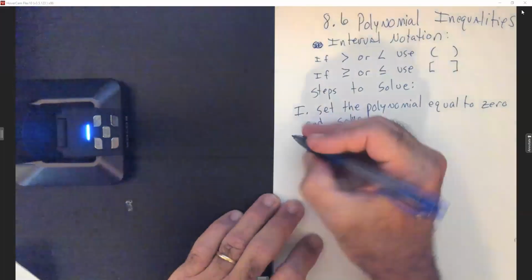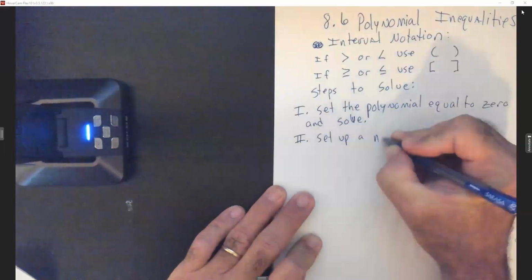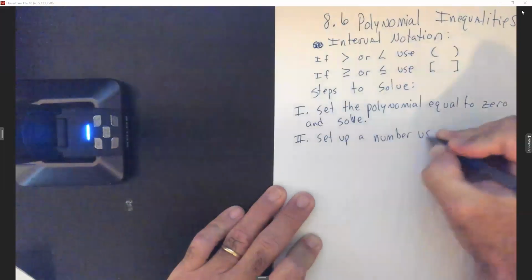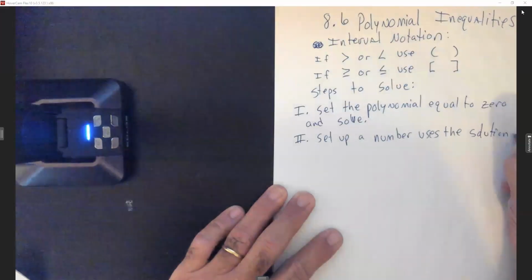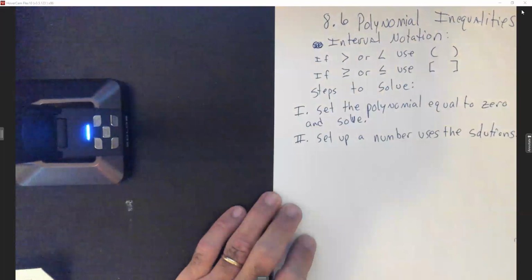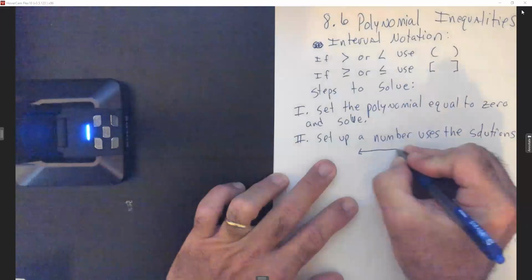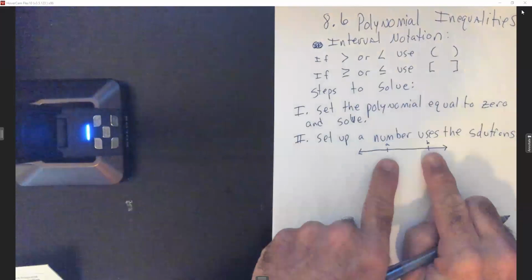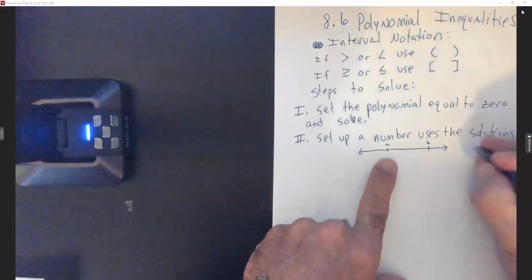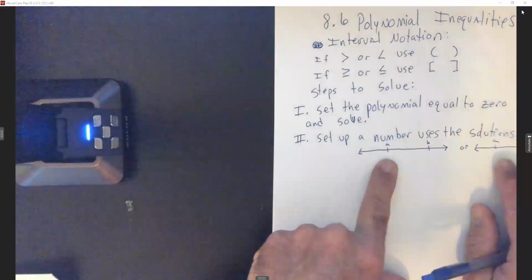Then I'm going to set up a number line using the solutions. So I'll have me a number line going across, and my two answers, or you might only get one solution because it might be a repeating solution. But you'll get either two solutions or one on these, okay?